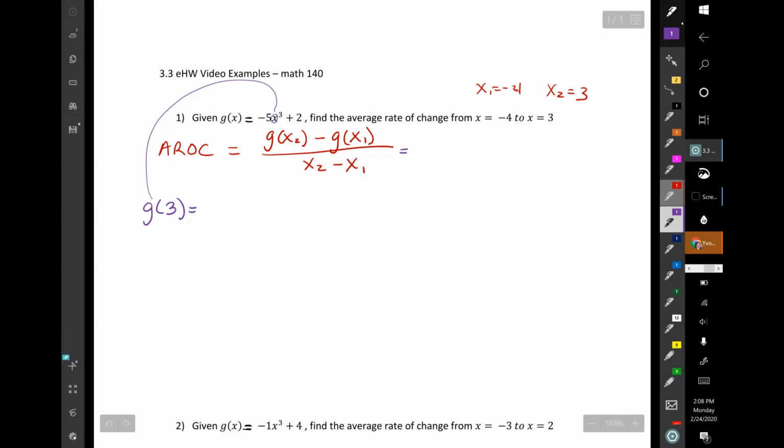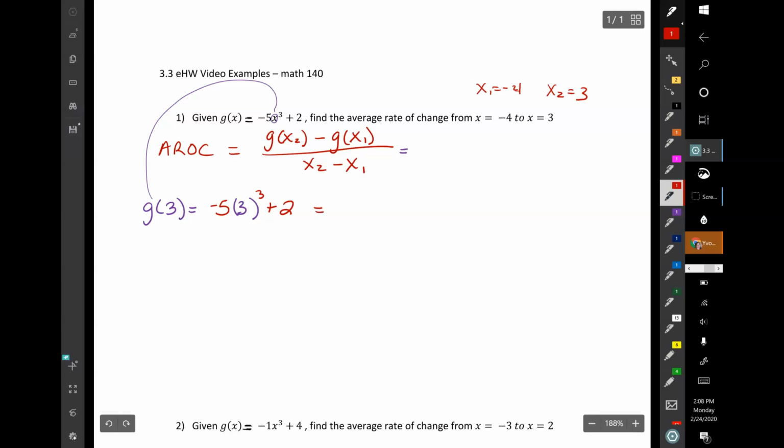So I would have negative 5, and then my 3 goes in for x, and that's cubed, plus 2.